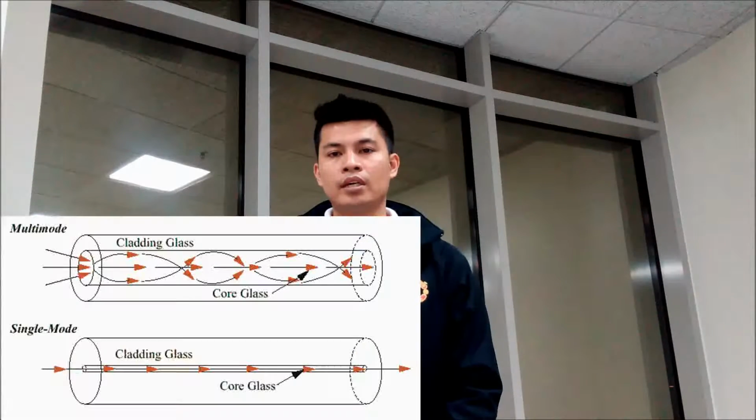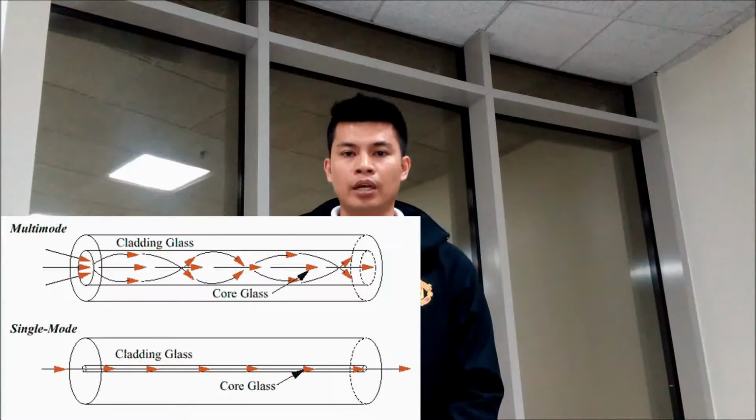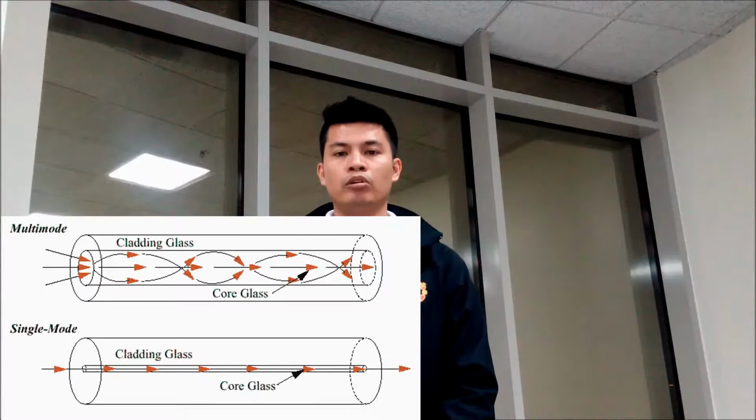There are two types of fiber used in data communication: single mode fiber and multi-mode fiber. But typically in a DWDM system, all the fiber used is single mode fiber.